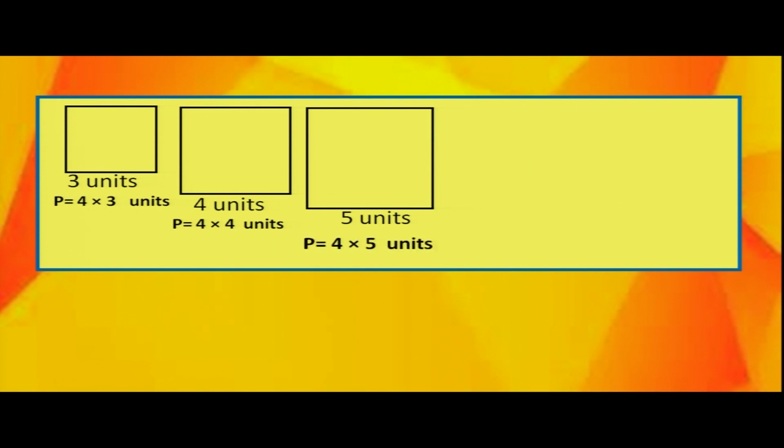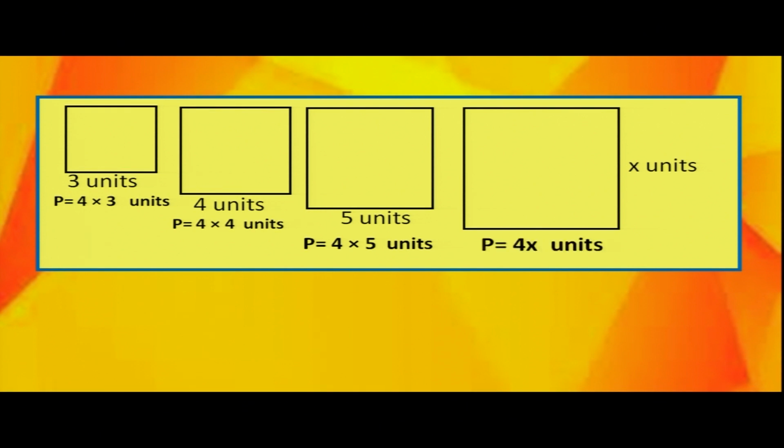If we don't know the length of the side of a square, let it be x units. Then what will be its perimeter? Its perimeter will be 4 into x units. Here comes the algebraic expression. When we consider 4x, it has two parts.